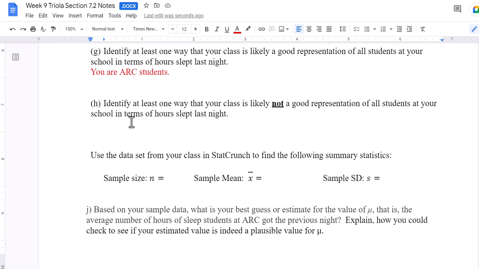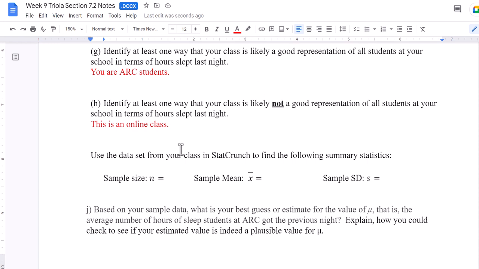Some of the things that come to mind are that this is an online class instead of an in-person class, right? If someone is taking a STATS 300 class in person at, say, 9 a.m., that may affect their hours of sleep the previous night. What else?